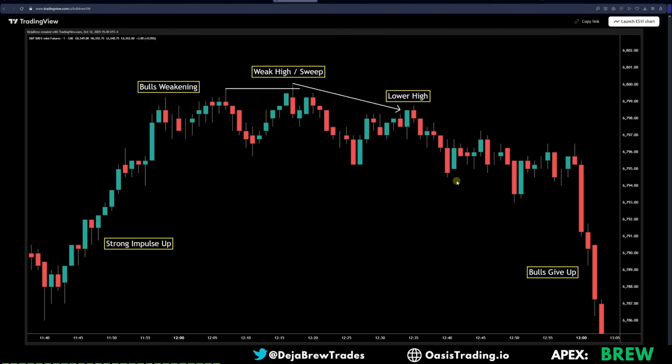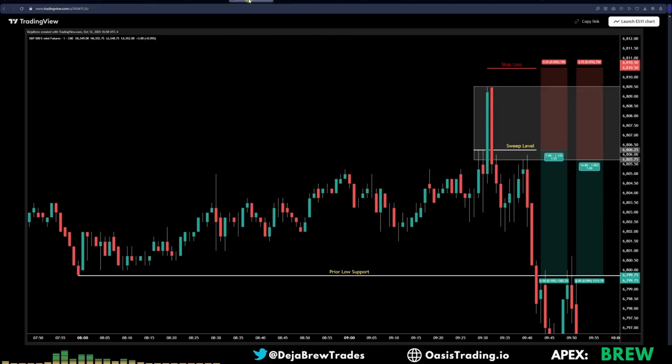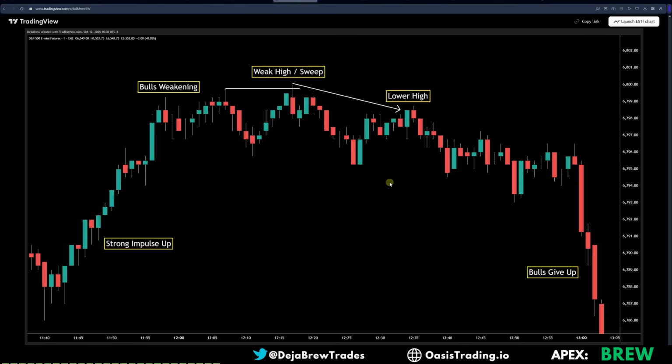Okay? So remember with the sweep trade, we talked about getting in at that optimal point, that exact sweep level or really close to that exact sweep level. If you miss the sweep trade, your last opportunity to take that trade is a rollover top or a rollover bottom.